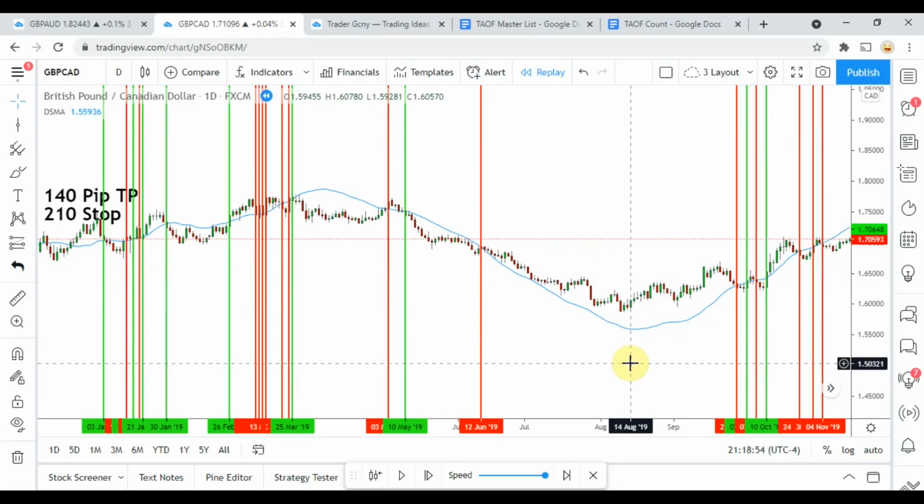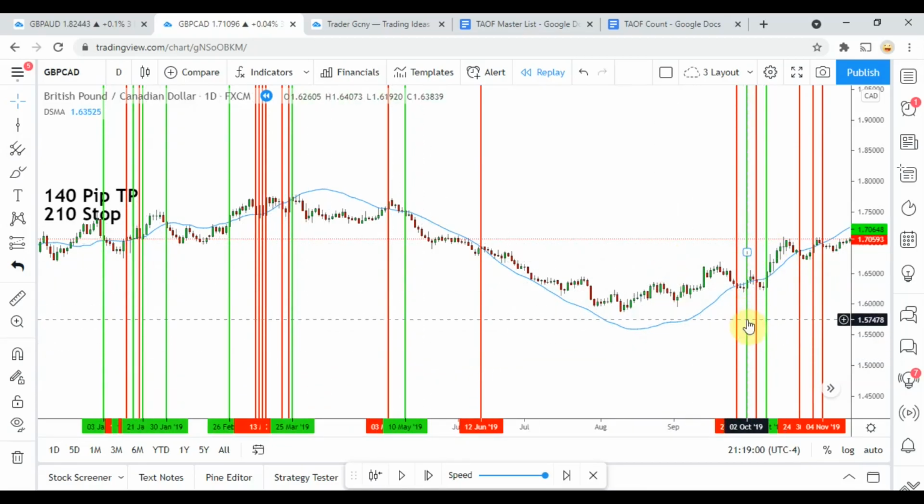So we have 24 trades altogether, and we have 1, 2, 3, 4, 5, 6, 7, 8, and 9 winning trades. And so unfortunately, that's not going to meet the 60% criteria. Like I said, this thing did some rather strange things.